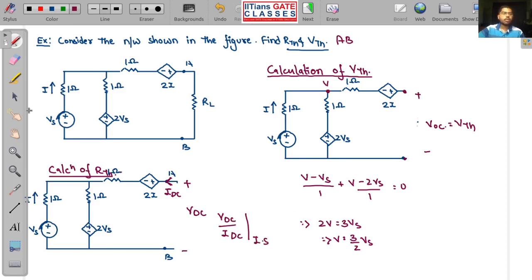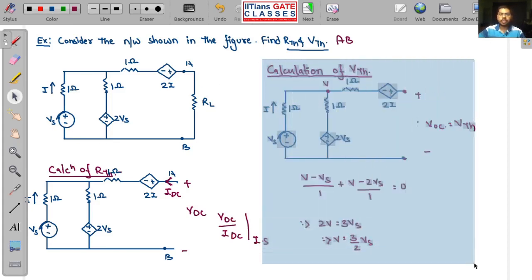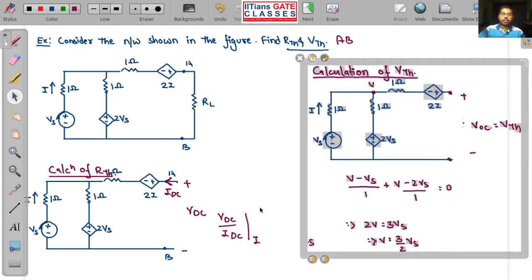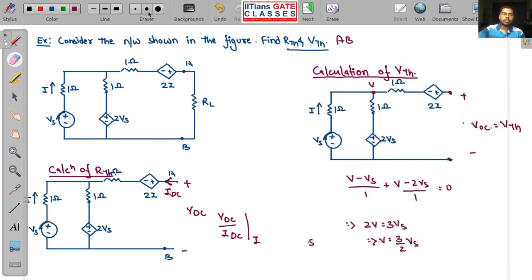Now I am erasing. I will just be shifting this part a little bit to my right. When the independent source is 0, what is the independent source? You can see here, this Vs is my independent source. So this is equal to 0. Let this value be 0. If this independent source is 0, then this also becomes 0. Now it is not mandatory that this dependent source always becomes 0. It became 0 because this Vs was directly controlling this dependent voltage source.